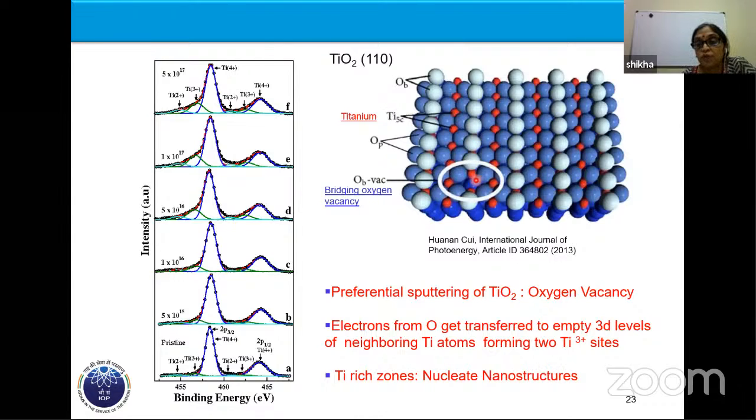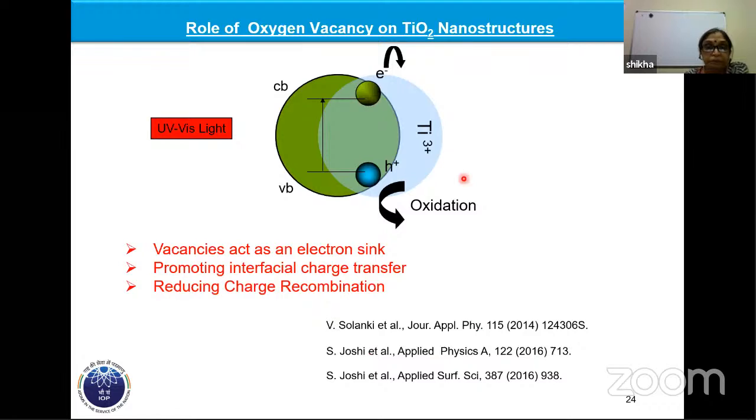The electrons from here, where oxygen gets out, get transferred to the titanium. So titanium becomes positively charged, and these nanostructures are generated. This is the process in which the nanostructures are generated on the surface.